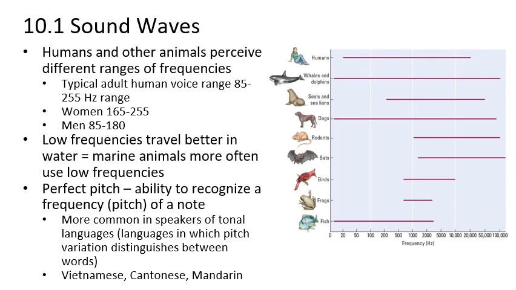They would be able to detect the exact frequency or the label that we've given that frequency. This is actually more common in speakers of tonal languages, which are languages where pitch variation distinguishes between words, languages like Vietnamese, Cantonese, Mandarin, where the same words sounded with different pitch values or different frequency values can have different meanings.